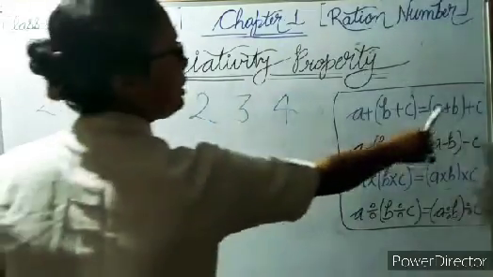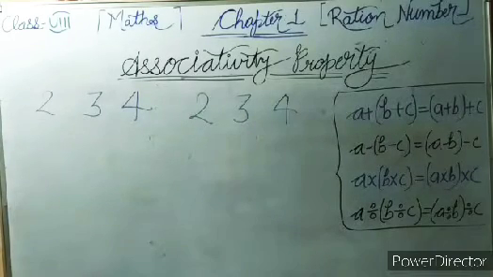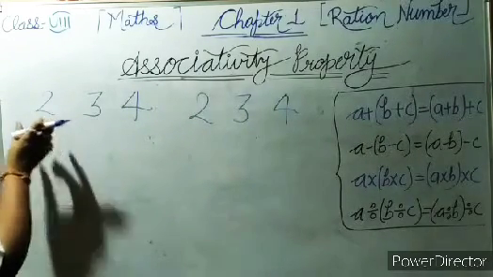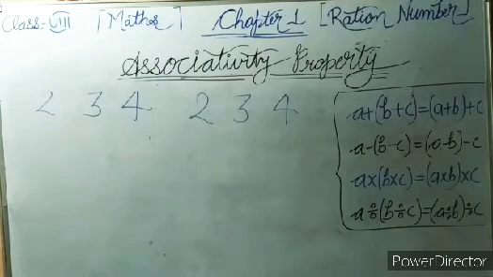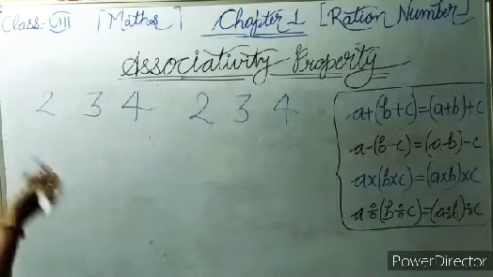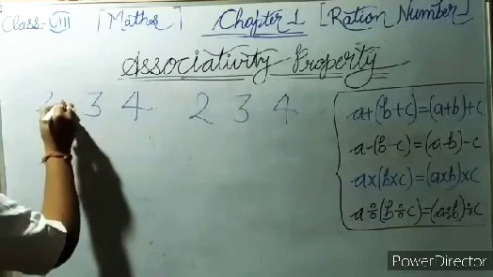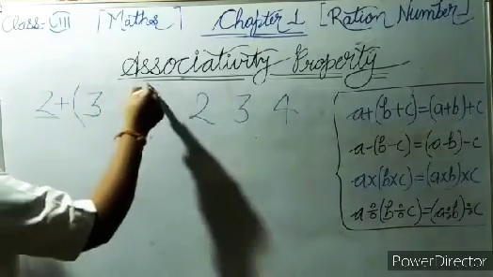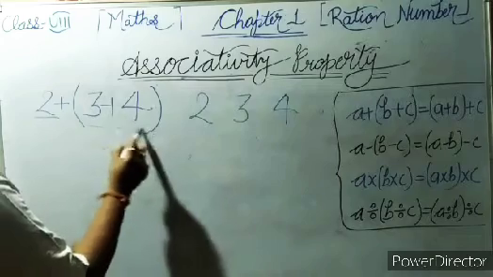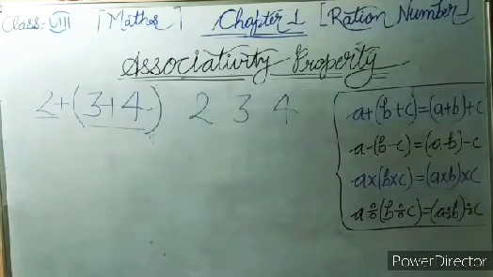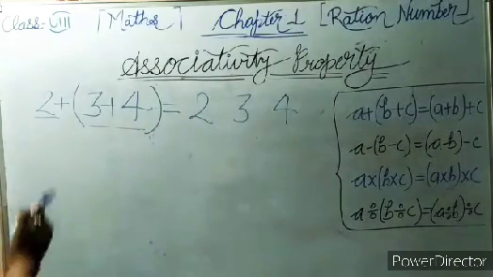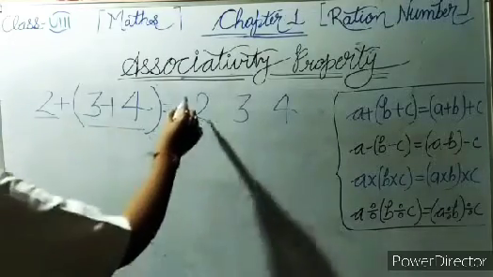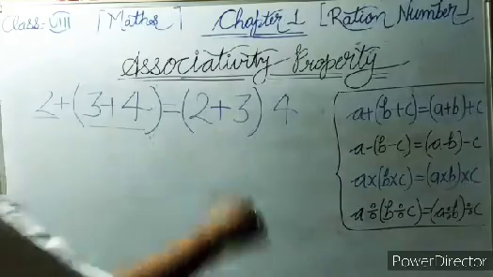That is why here also A, B, C, and here also A, B, C. Here we make a pair of 3 and 4, but here we want to make a pair of 2 and 3.